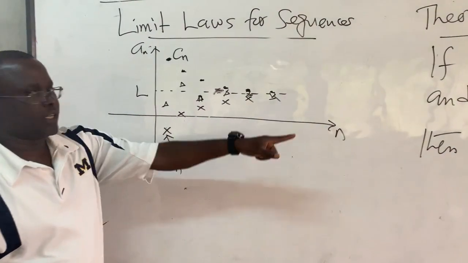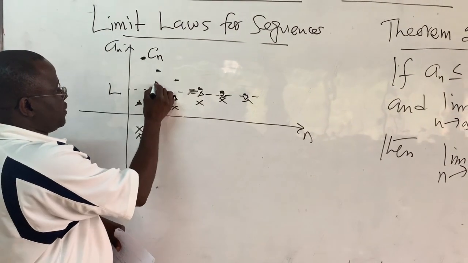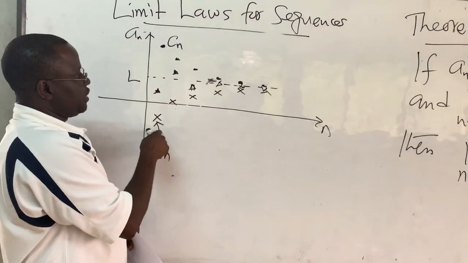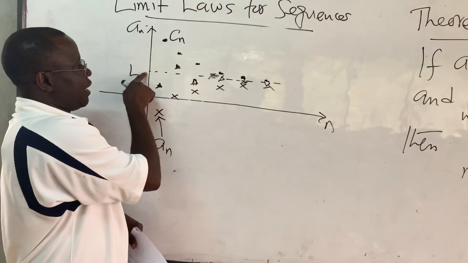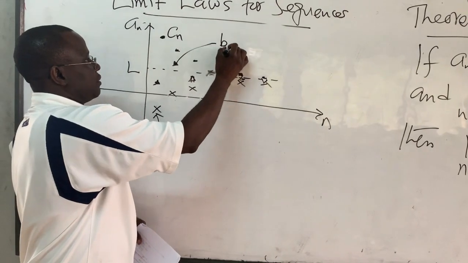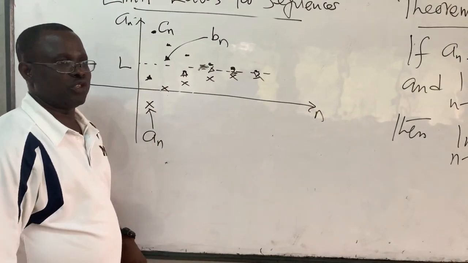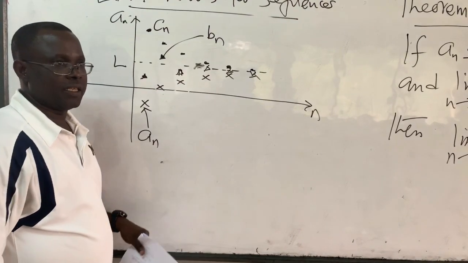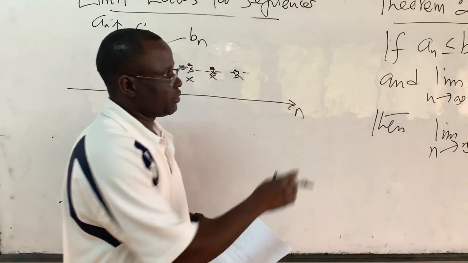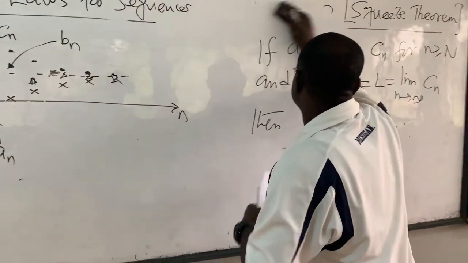So the squeeze theorem says that if these sequences, these guys here, always lie between these two, and An and Cn are approaching the number L, then the sequence Bn must approach this as well, because it's squeezed between the two. Basically, that is what it says. So let's use an example to illustrate how you use the squeeze theorem to solve some problems.